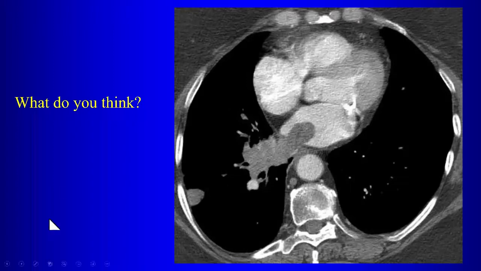So a lung cancer, and how does lung cancer get into the left atrium? Through what structure? What connects the lung to the left atrium? Yeah, the pulmonary vein. So this is a lung cancer that's invading the pulmonary vein directly into the left atrium.